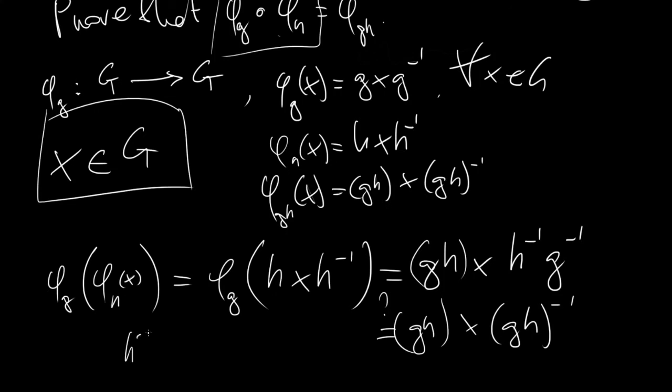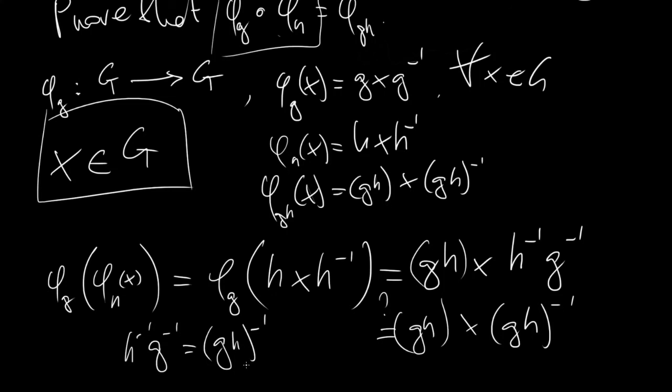Remember, (gh)⁻¹ is equal to h⁻¹g⁻¹. I made a video on it, a nice property that you will use many times. It's called the socks-shoes property. It says that for each group, if these two elements are in the group, this equality holds.